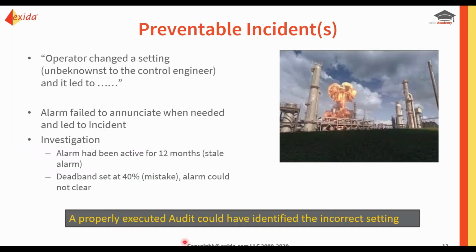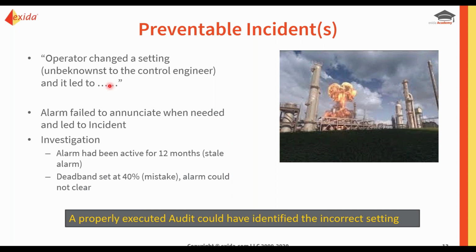Now, one of the reasons to do auditing and enforcement is because it can prevent incidents from occurring. I've heard many stories, in fact, 2 of them in just the last week, of some things that happened in a plant. It could have been an unexpected shutdown.